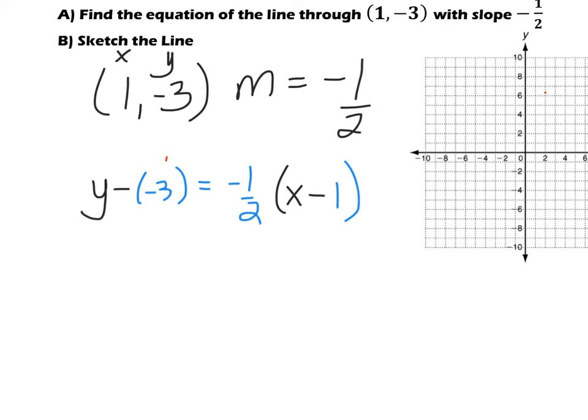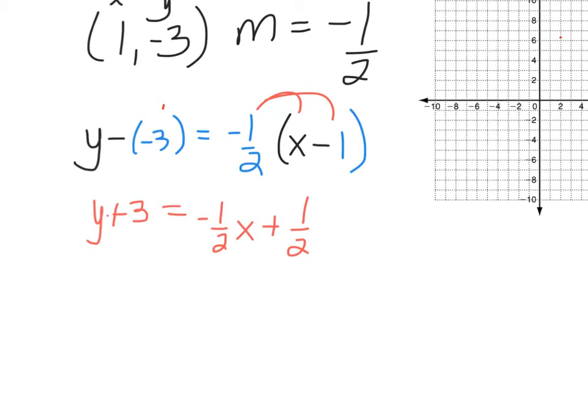And then we just simplify. Like Peter just told us, this would be y plus 3 equals, what do I do with this negative 1/2? Distribute. So it's negative 1/2 x plus 1/2, right? Then I do what? I want to get y by itself. Subtract 3.